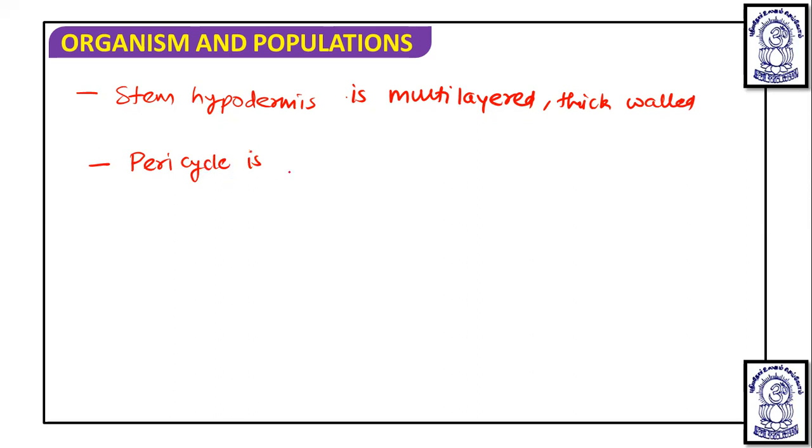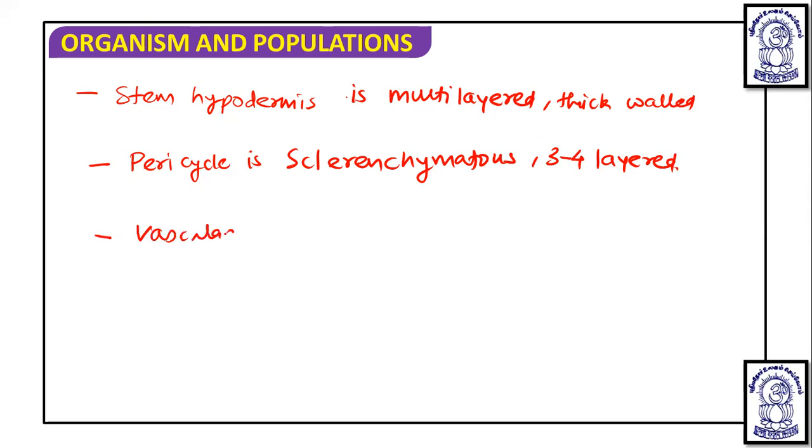Then pericycle is sclerenchymatous and it is 3 to 4 layered. Okay, then vascular tissue is well developed.